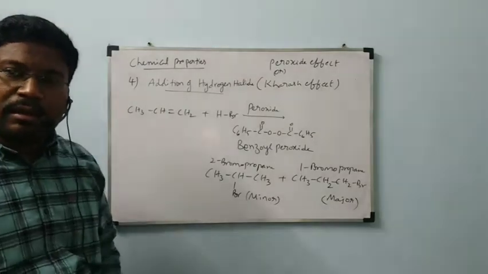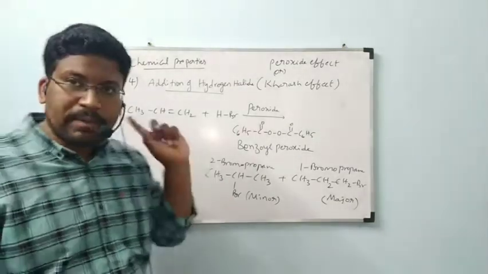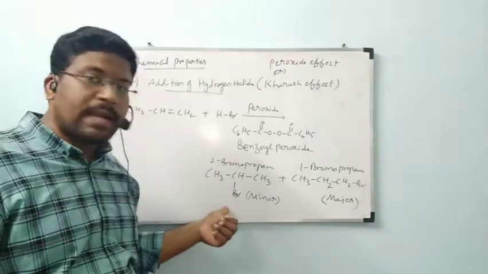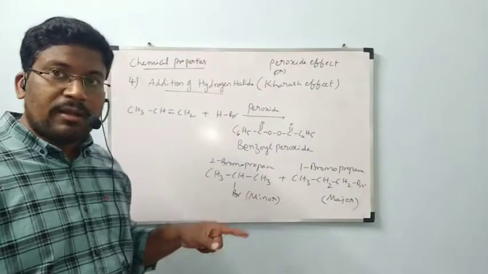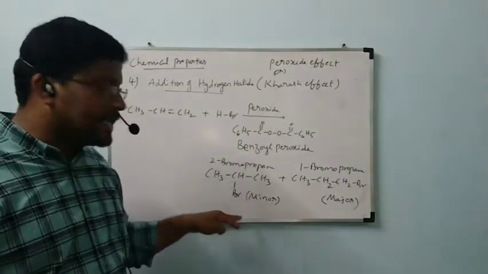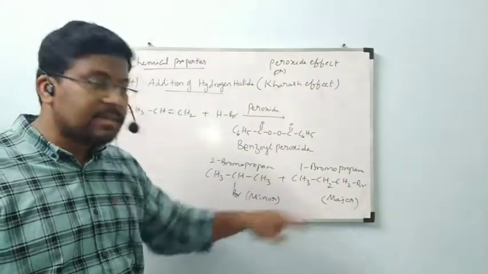Oppositely, according to Markovnikov's rule, in the previous reaction we got 2-bromopropane as the major product and 1-bromopropane as the minor product. But here we get 2-bromopropane as the minor product and 1-bromopropane as the major product.